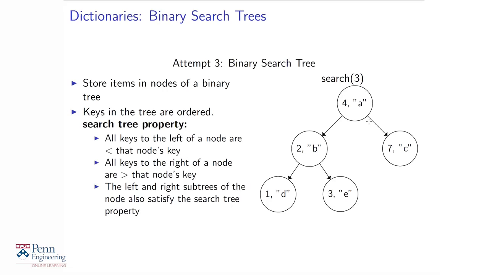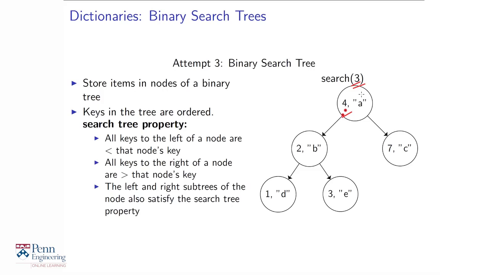If you want to search for the element 3, this is where the divide and conquer aspect of binary search trees becomes clear. When you're looking for the element 3, we compare it to the root key, and we see that 3 is less than 4. So we know that if 3 occurs in this binary search tree, it must occur only on the left side of 4, because of the binary search tree property.